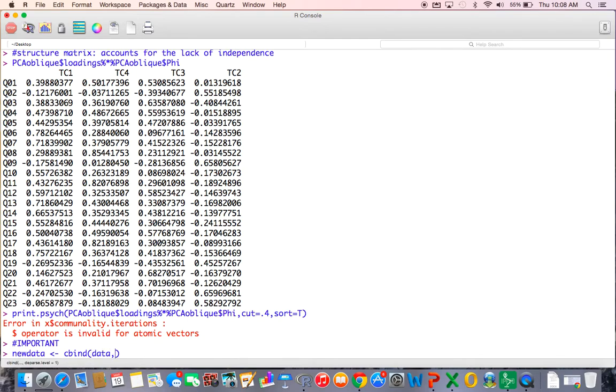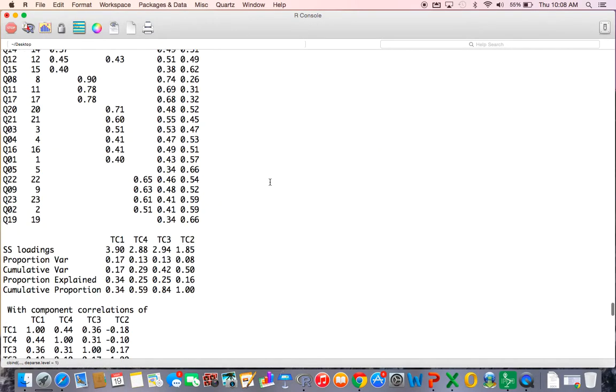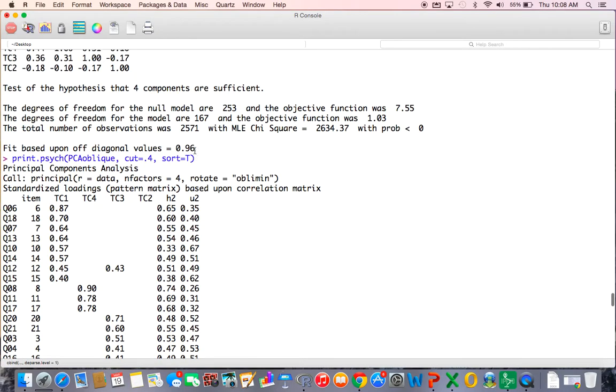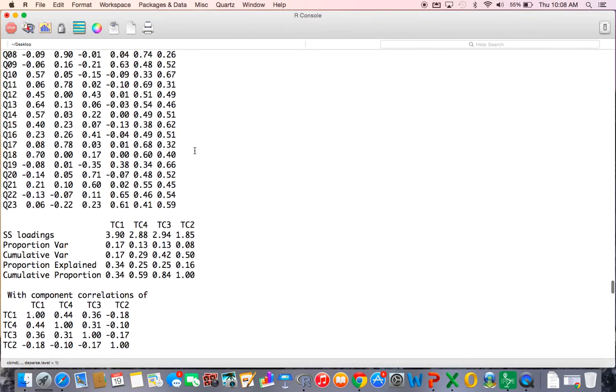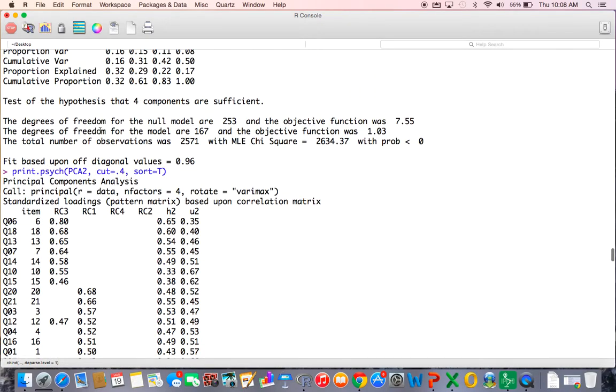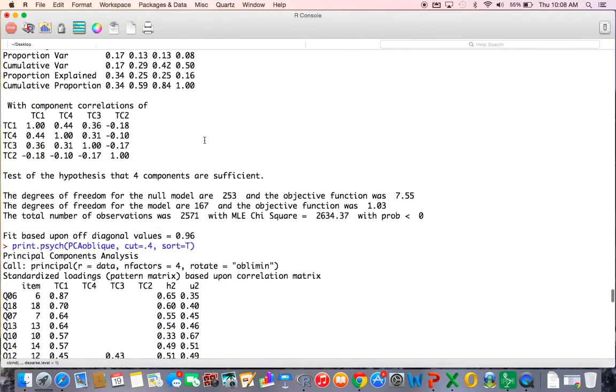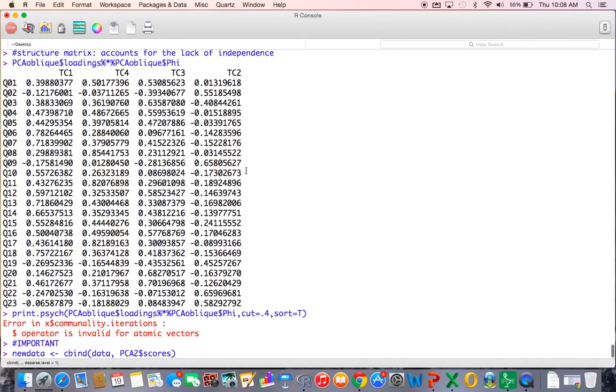So I want to bind the something old, my existing data set, with the new scores from the PCA2. Now guys, remember, I've examined the oblique rotation, so I'm happy with this PCA2 back here. I'm happy with this orthogonal rotation. I call that PCA2. So that's the reason that I'm putting it in there, okay?